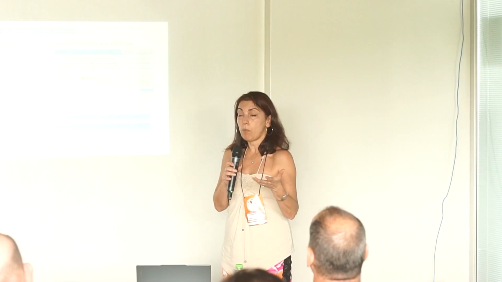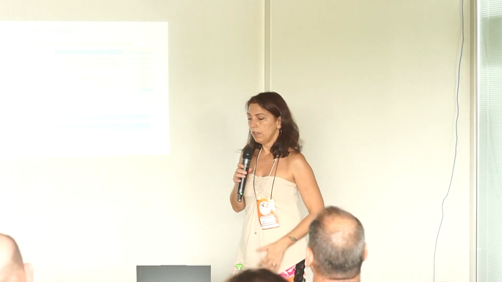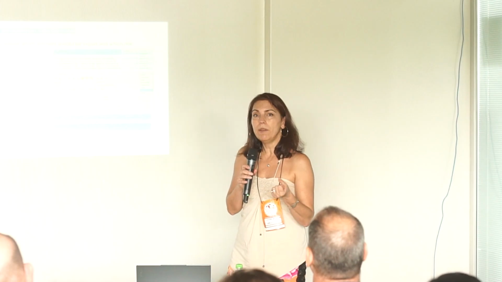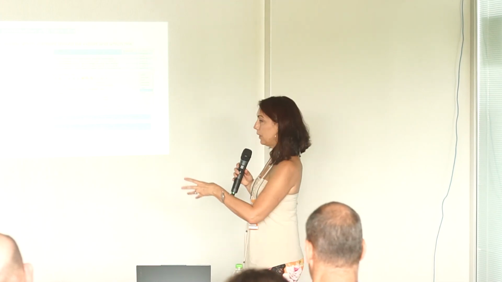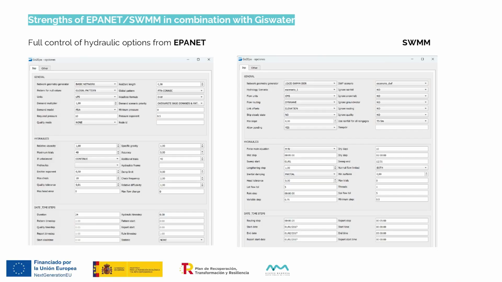For instance, I have a state that is operative, that is our network, and I say, okay, but I'm drawing something that is provisional, and I don't want to bring this to Epanet. So by setting this as a subtype, those pipes don't go to the EPA side.